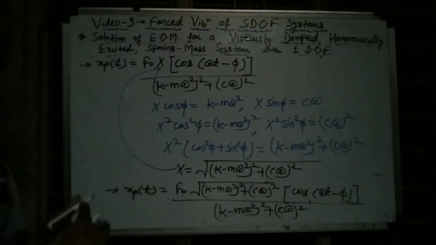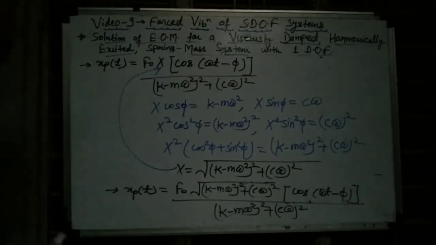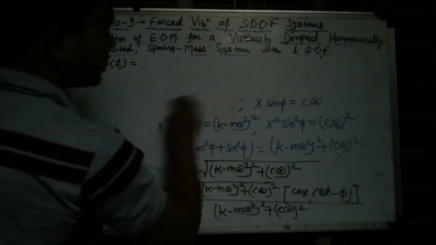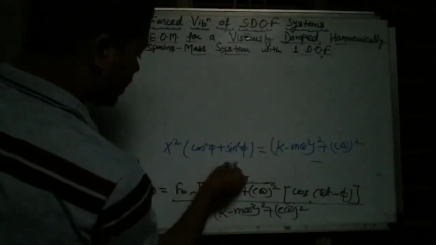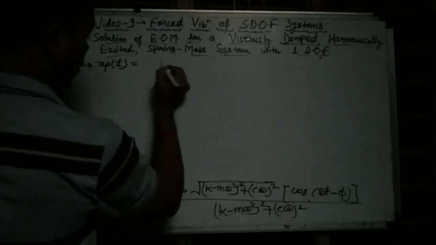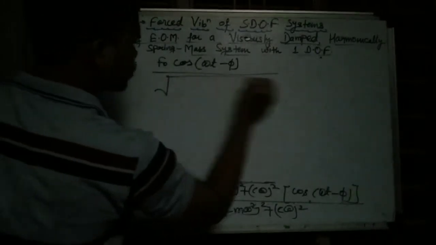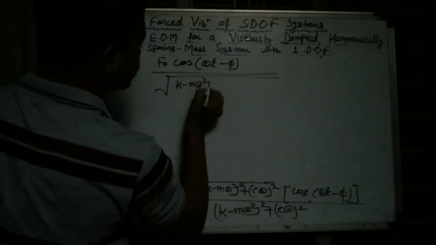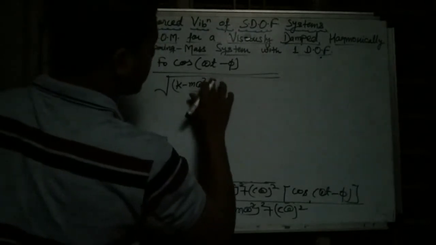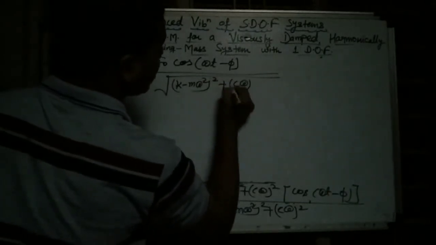In the denominator, the square root of the expression will be left. So xp(t) can be written as f naught into cos(omega t minus phi), divided by the square root of k minus m omega square whole square plus c omega whole square.